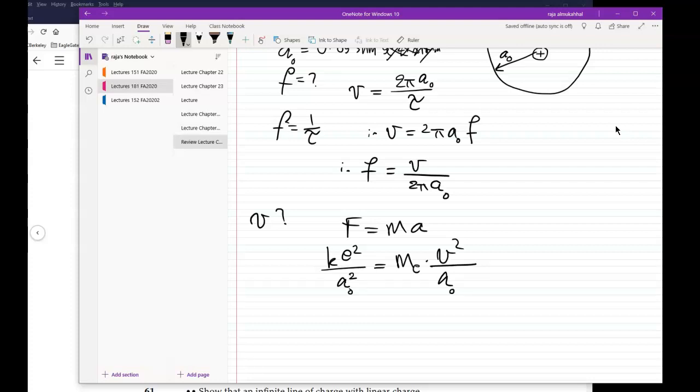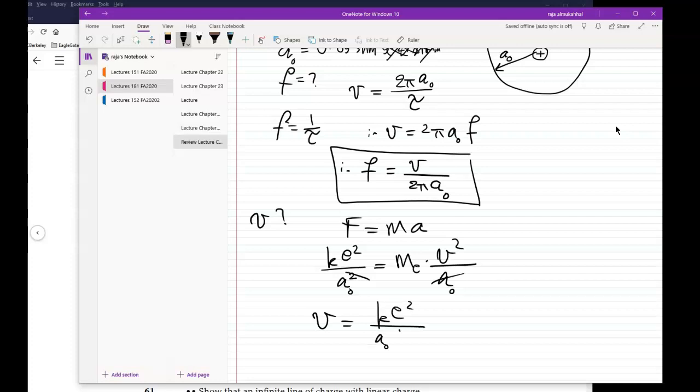All I need to do is solve for v, because I am trying to get rid of the v, and just plug it back into the frequency here, and I'm done. So solve for v here. Very quickly, the a's will cancel out, so that's going to be k e squared over a naught m for the electron, to the power of half, right?